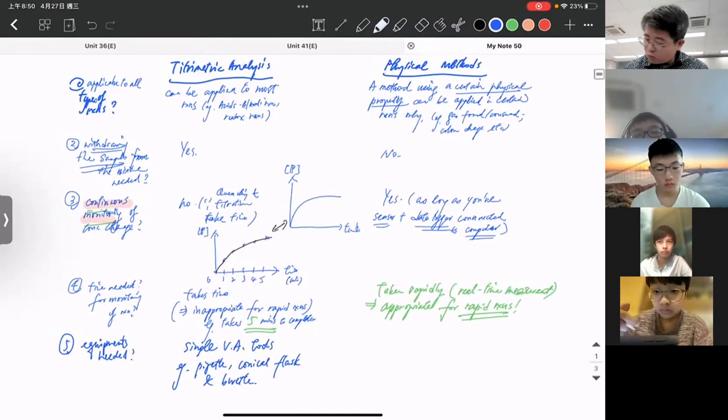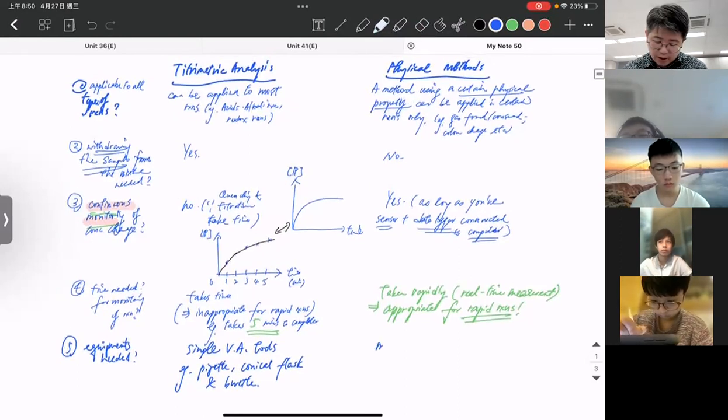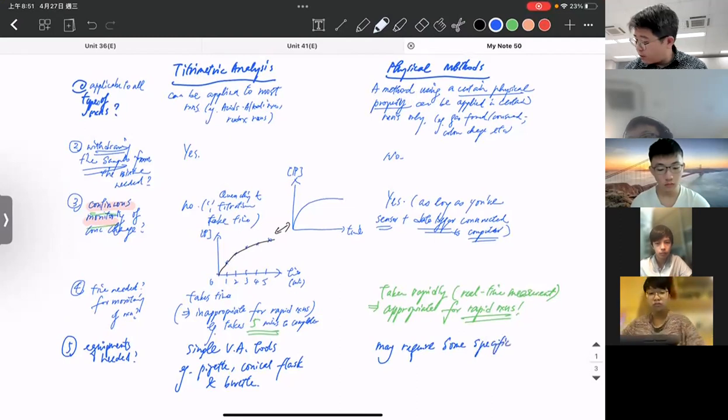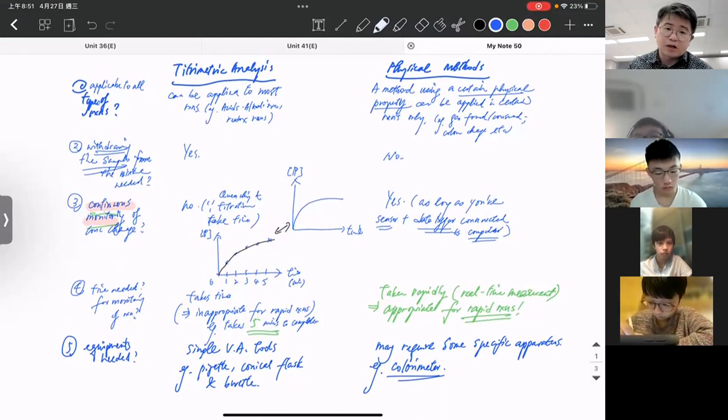But the physical method may require some specific equipment or apparatus, for example, a colorimeter or some other meter or the data logger sensor, right? Plus the computer, etc. So, okay, I just give you a few perspectives for you to compare the two.